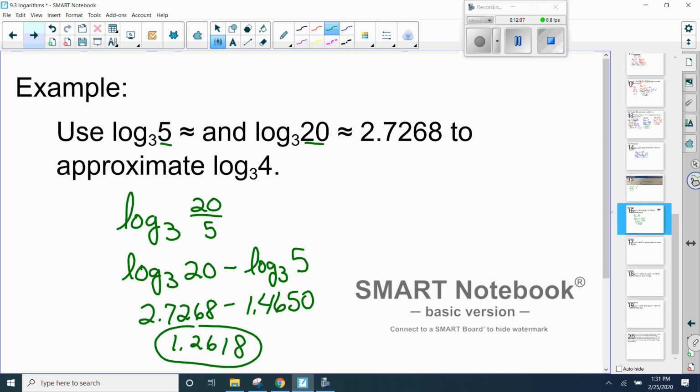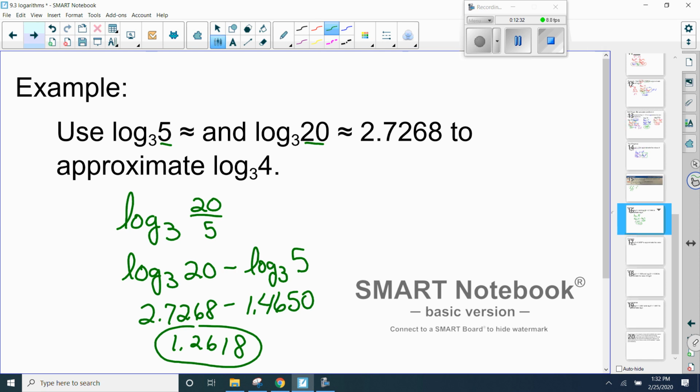How do you type in log? How do you find them? Alpha window. If you have the graphing calculator, how do you get the log? Alpha window 5, and then it'll put it right in the format for you.